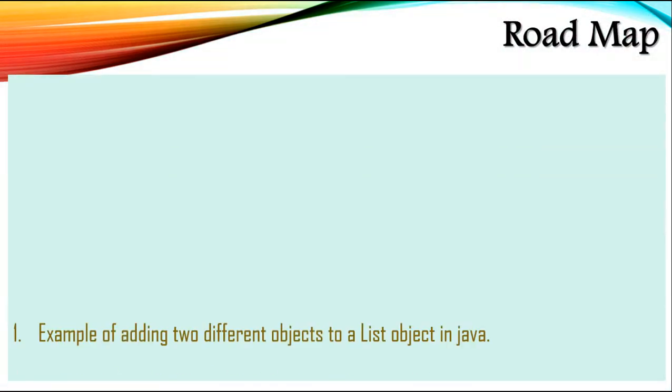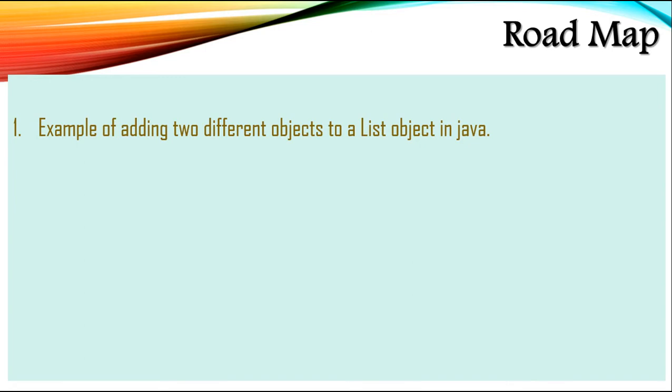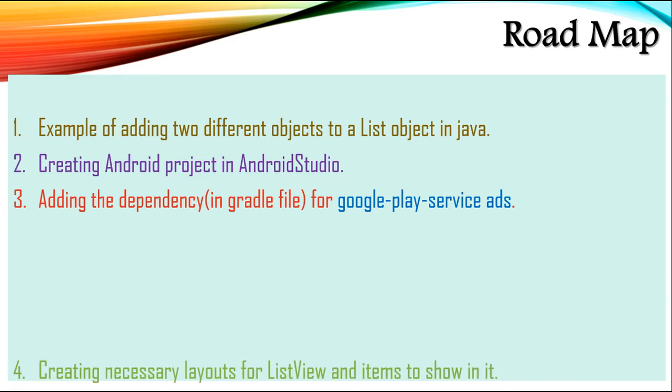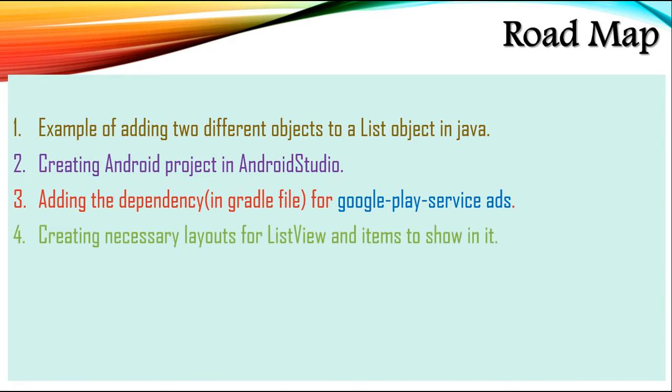The roadmap for today: I'm going to show you an example of adding two different objects to a list object in Java. We're going to create a new Android project in Android Studio. I'm going to show you how to add the dependency for Google Play Services ads, and how to create the layout for the ListView and the items to show in it.